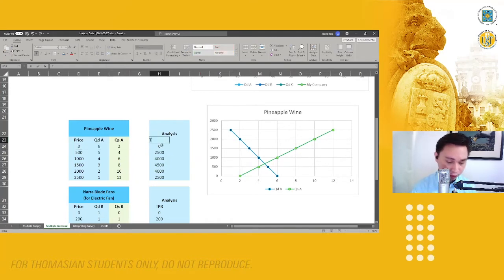So total potential revenue is price times quantity demanded.